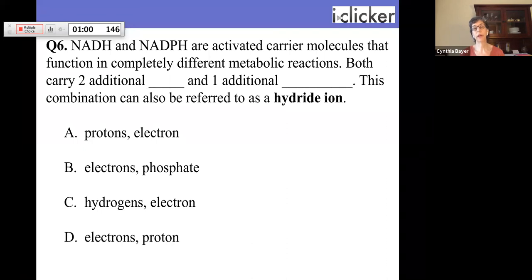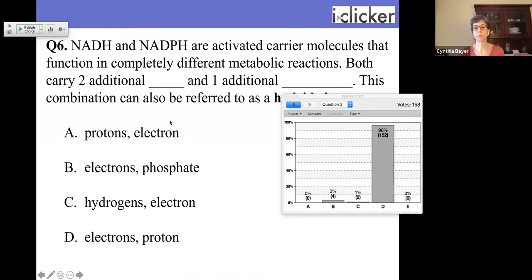So think about, what is a hydride ion, right? What did I tell you is a hydride ion? 5 more seconds. Let me close it up. And D is the correct answer.